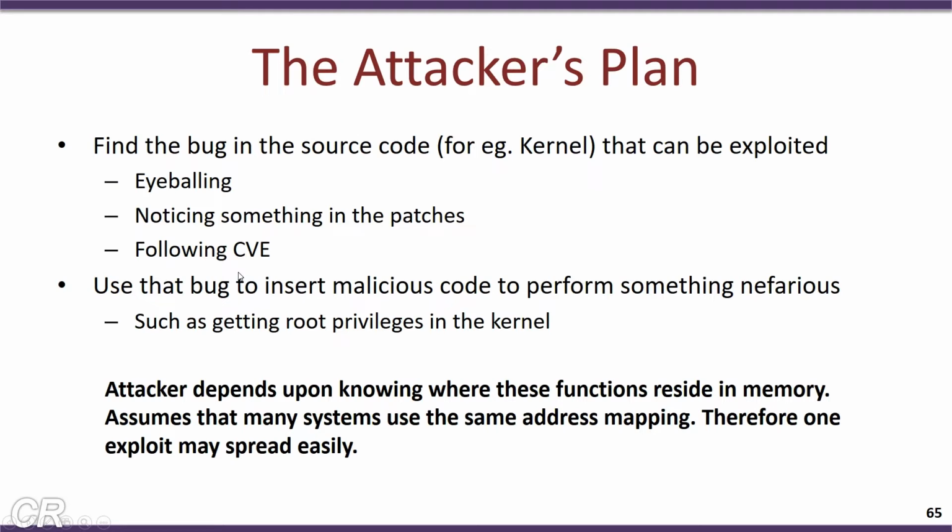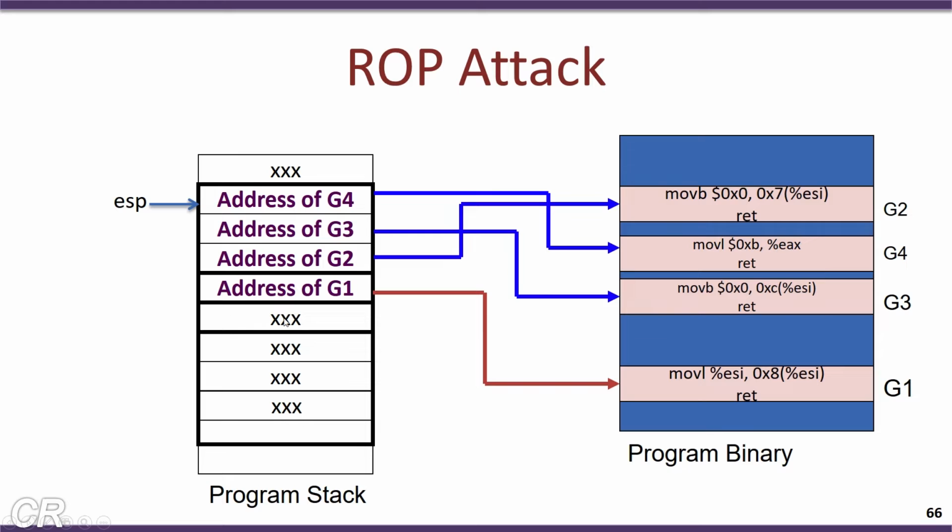Now, from the last three attacks that we have studied in this course, what we do understand is that the payloads that the attacker writes are highly dependent on the addresses. For example, in the ROP attack, the attacker would need to know the exact addresses where these gadgets are present in the libc library.